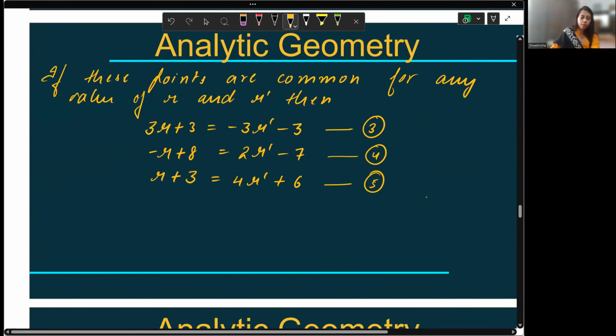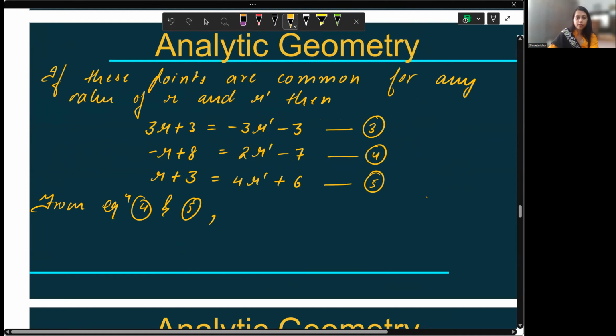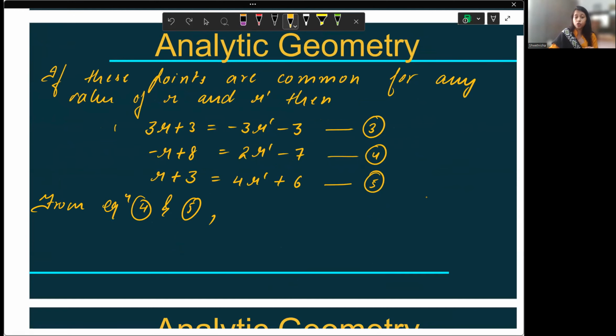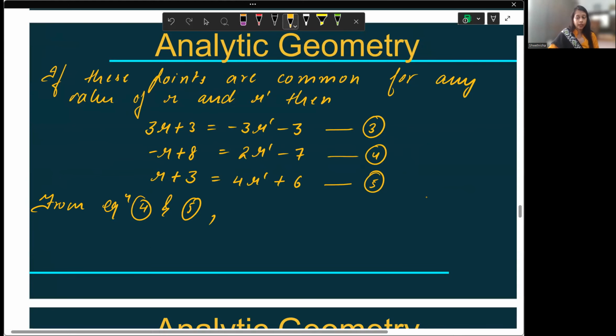Okay. From equation 4 and 5, I can solve for r and r dash. If those values of r and r dash also satisfy the third one, that means yes, these lines are intersecting at a point and we will not proceed further. Let's check.